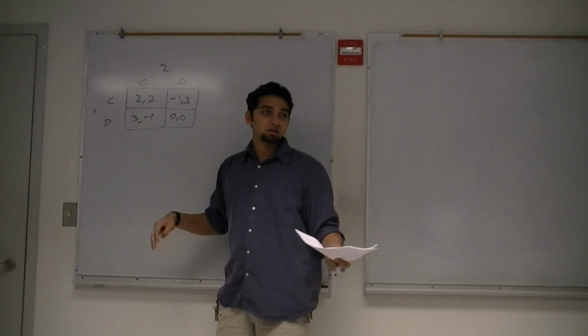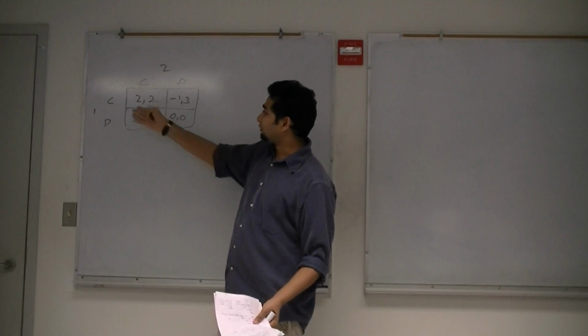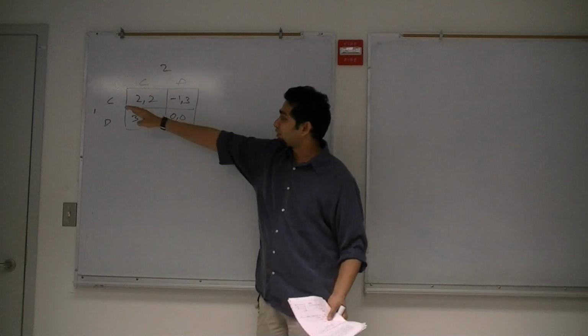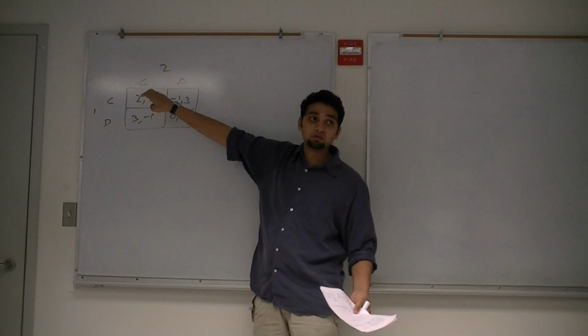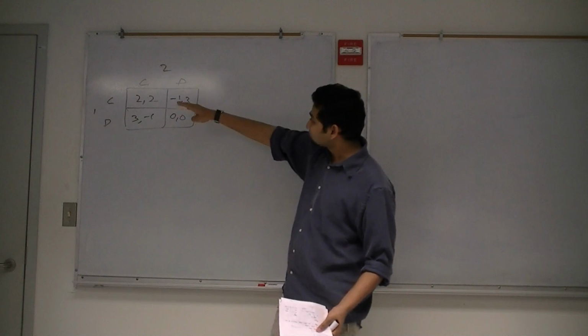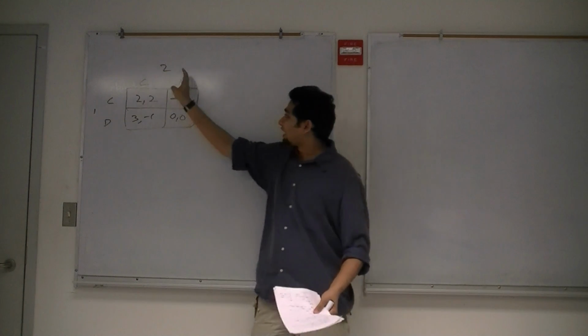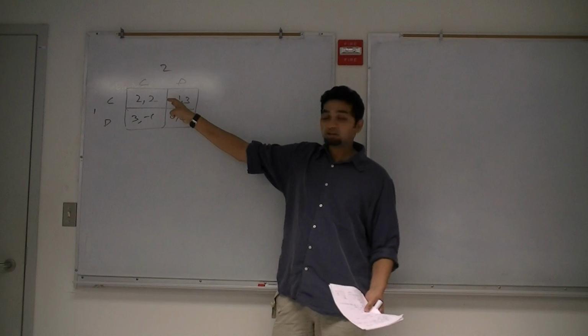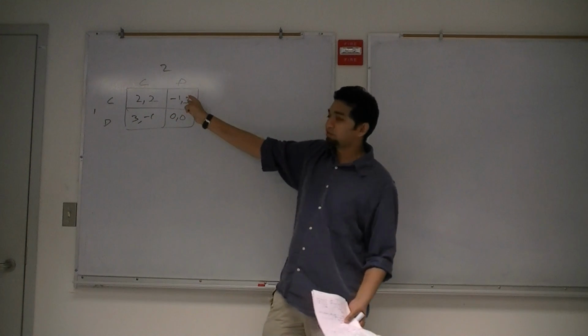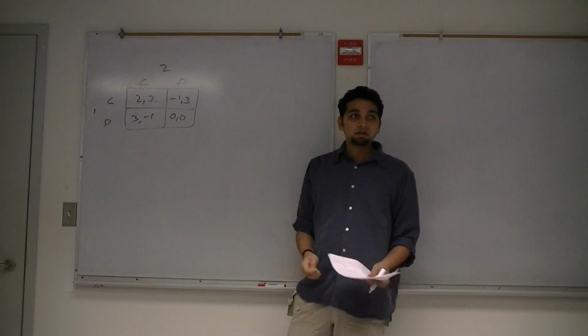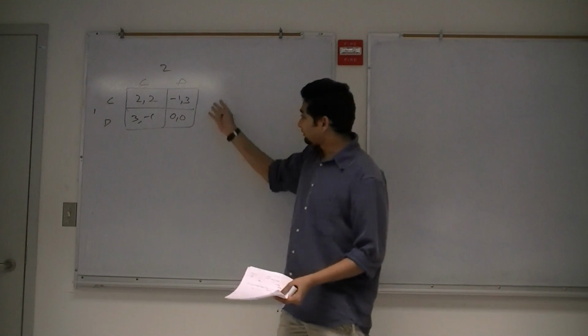If you cooperate with the other prisoner, you get a payoff of 2 and he gets a payoff of 2. If one cooperates and the other defects, the person who cooperates gets a payoff of -1, and the person who defects gets a payoff of 3. So this is how it was.